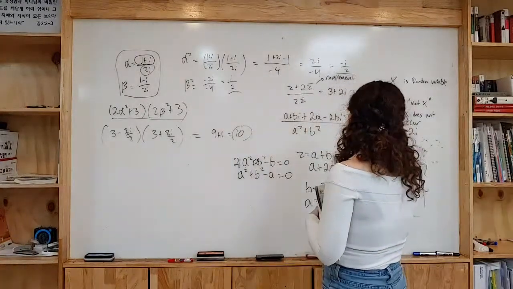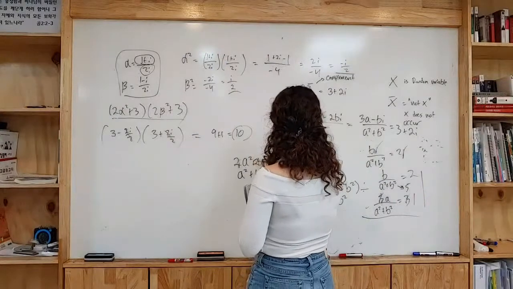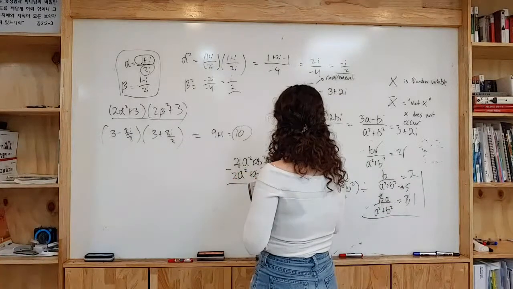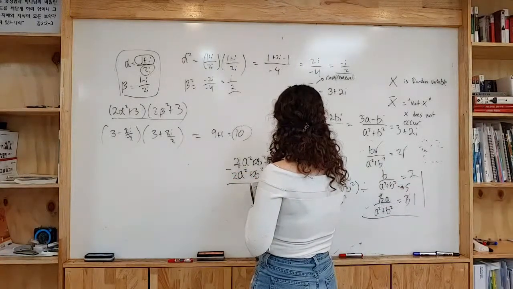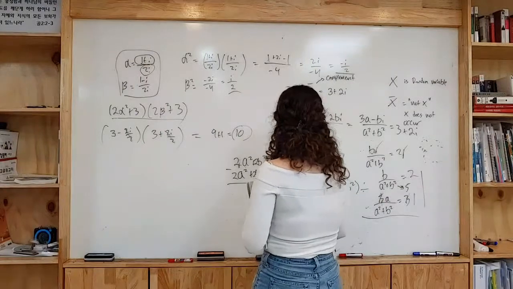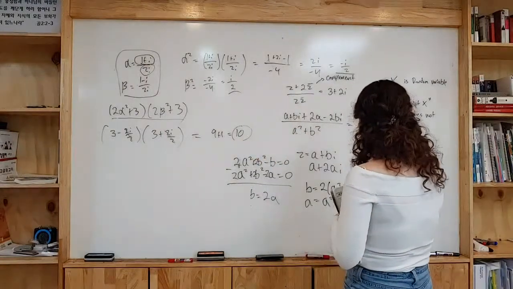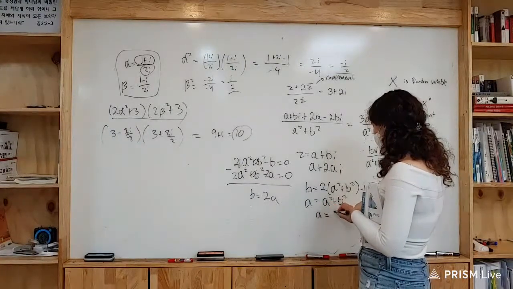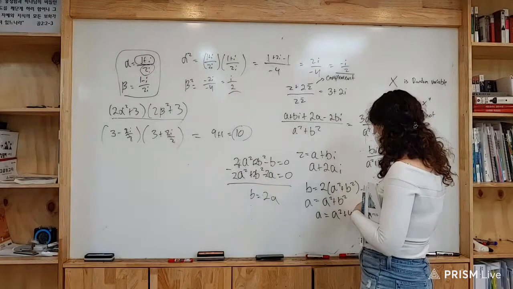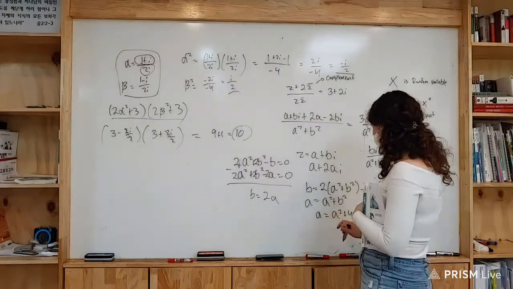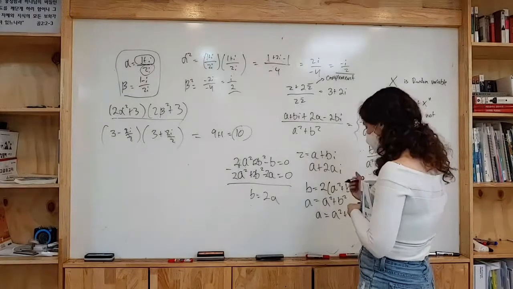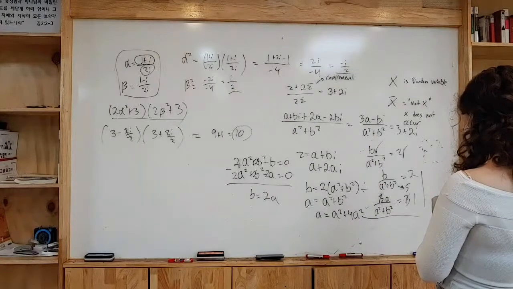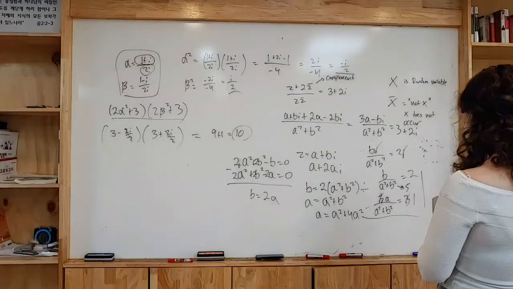Now we want to solve this. Well, I guess you can multiply by 2. And then you get the same thing. You get b equals 2a. And then if we plug in here, you get a equals a squared plus 4. Why is this coming out weird? A equals 5a squared. That means that a is 0.